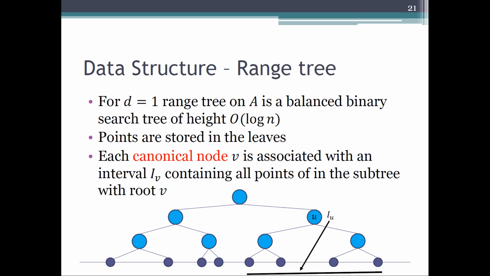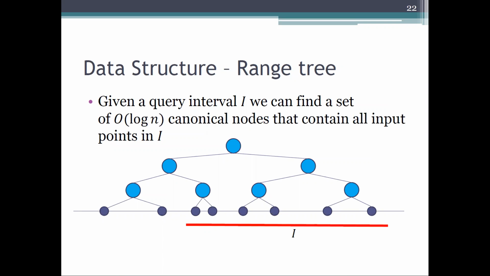Each canonical node V is associated with an interval IV containing all points in the leaves of the subtree with root the node V. For example, as you can see in the figure, node U has the interval IU, including all points in the leaves. Finally, it is known how to make the range tree dynamic, supporting efficient point insertion and deletion.